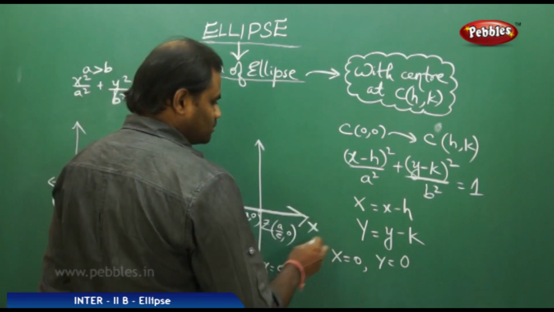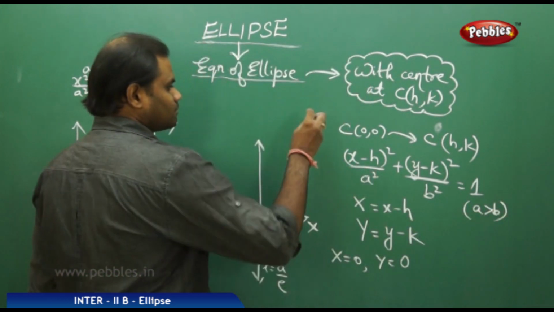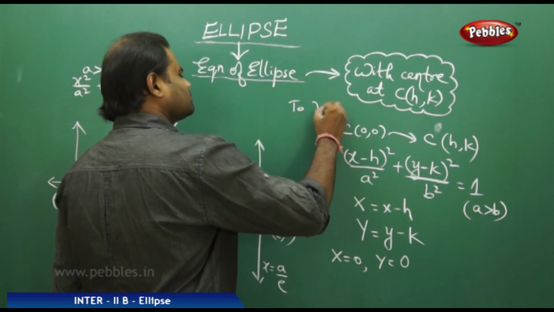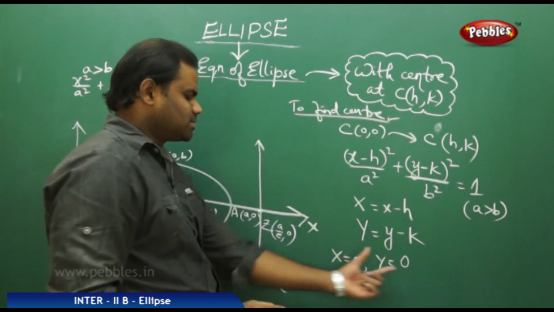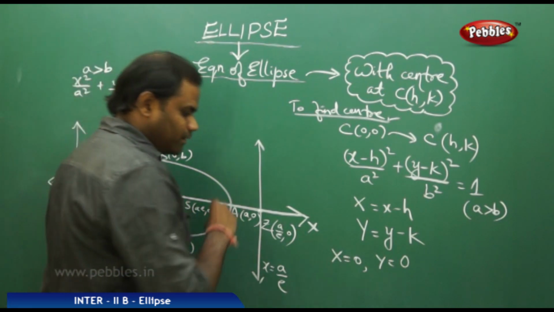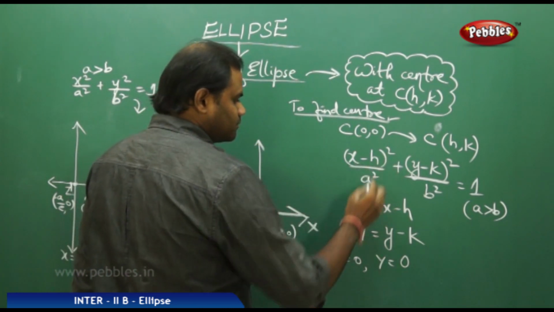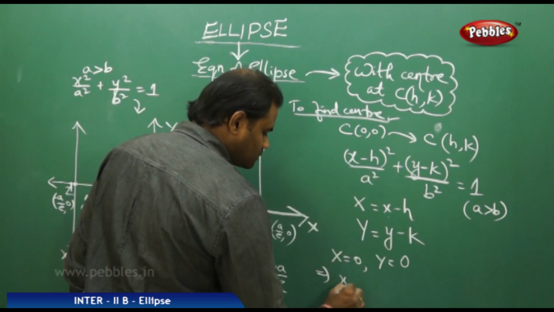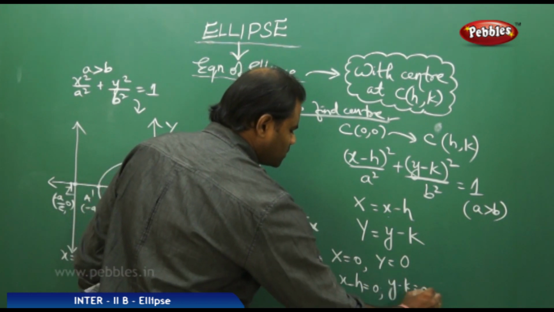So to find the center, I have a greater than b, and I just take X equal to 0 and Y equal to 0, and therefore I get capital X, which is x minus h, equals 0 and y minus k equals 0.